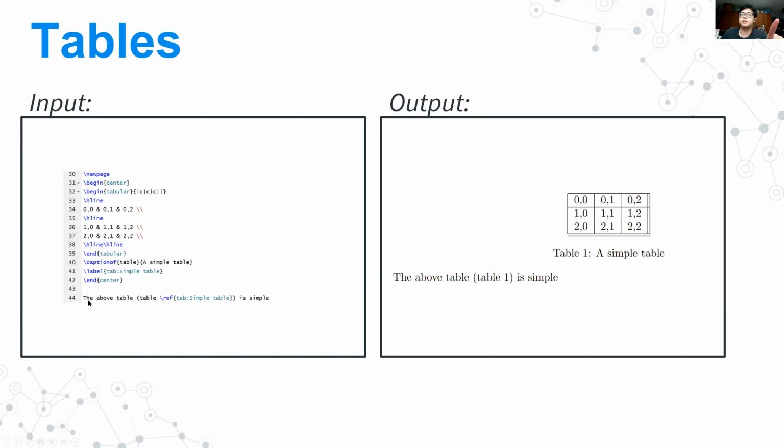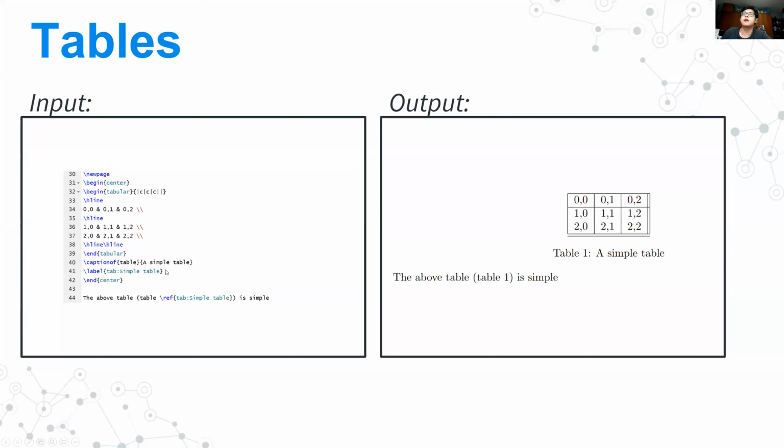For example, in this sentence, I write "the above table," then \ref{tab:simple table}. Ref tells LaTeX that I want to refer to something that I labeled. In this case, I reference the simple table, which is given by this label.